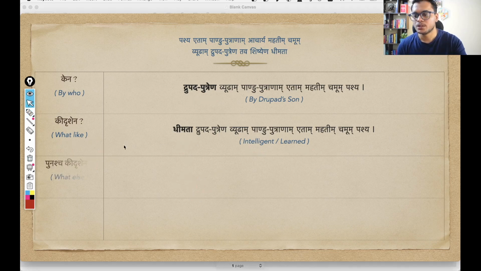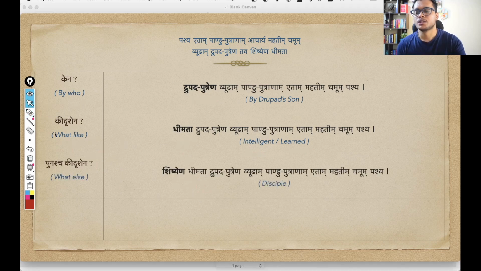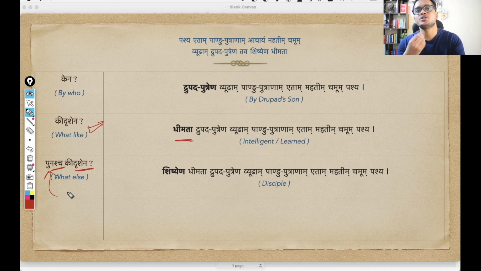Okay, moving forward. Punaschikidrishan. Punah cha: punah means again and cha is and. I'm simply repeating the question, what was he like? The response was Dhimat, and then again I'm asking, what else? And the answer is Shishyena, that he was a Shishya, a disciple.